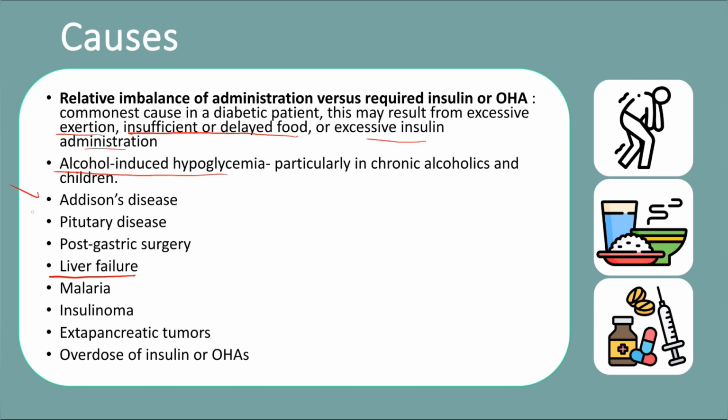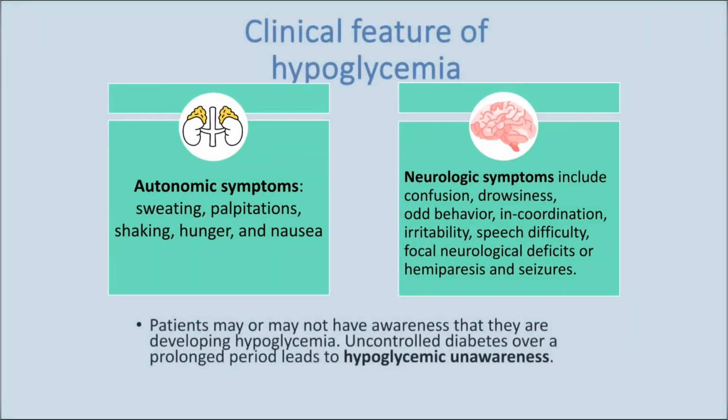Others are Addison's disease, pituitary disease, post-gastric surgery, malaria, and insulinoma, which is an increase in the secreted amount of insulin due to a tumor. Also other extrapancreatic tumors, and overdose of insulin or oral hypoglycemic agent, especially when the patient takes it wrong or in suicidal attempts.